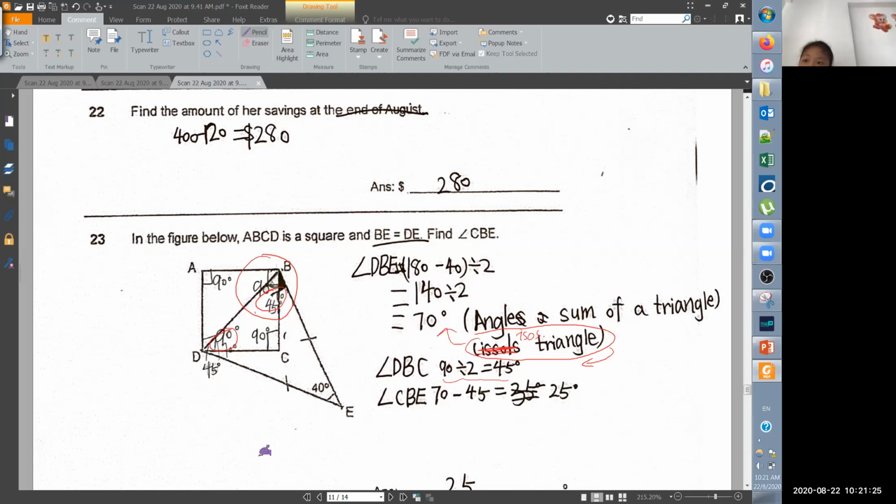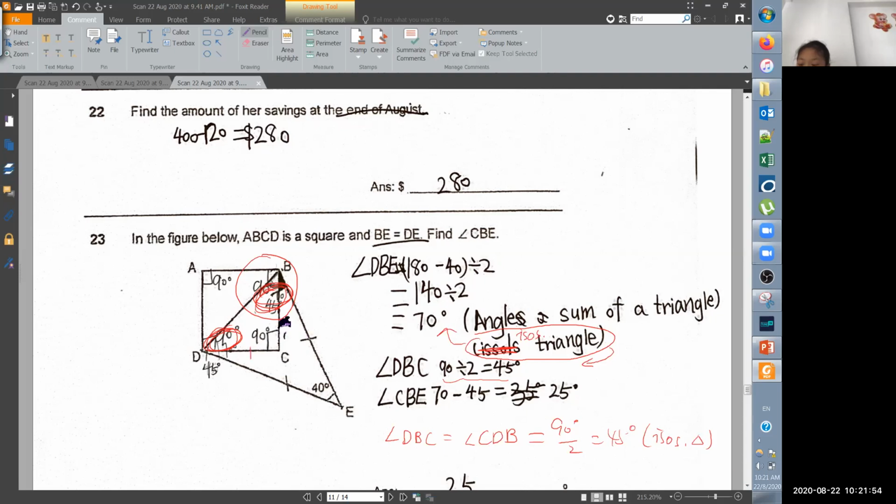I think for DBC, you can also say DBC is equal to angle CDB. I'm talking about these two. Okay, so it has to be 90 divided by 2, 45 degrees. So actually it's isos.